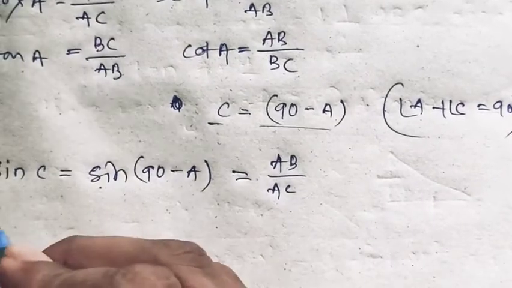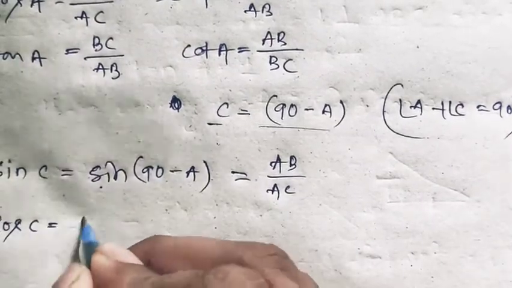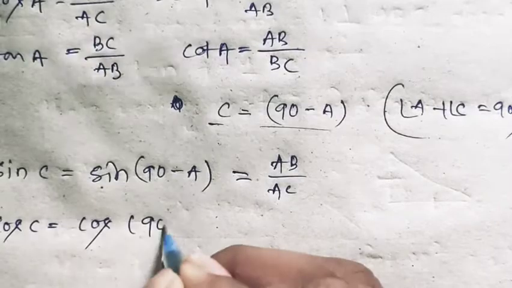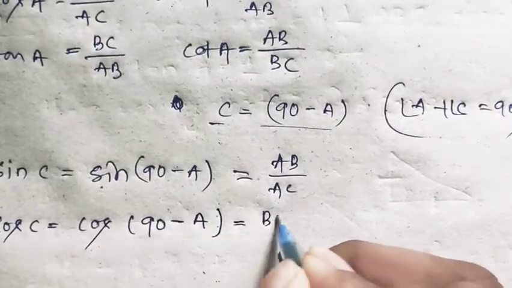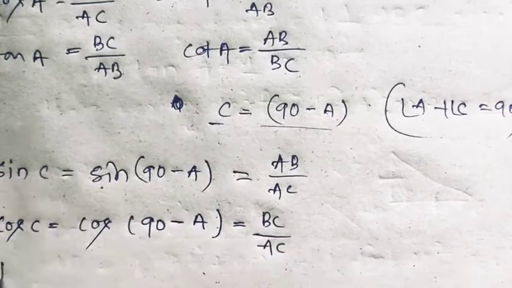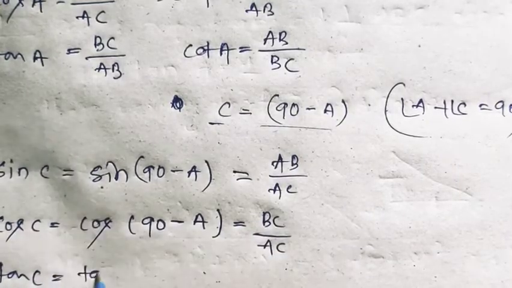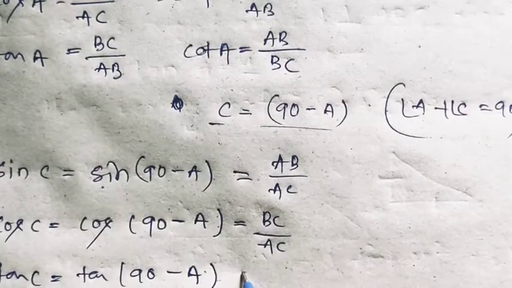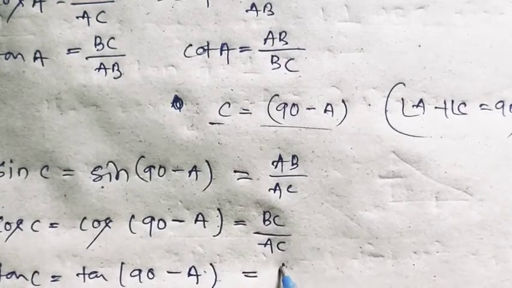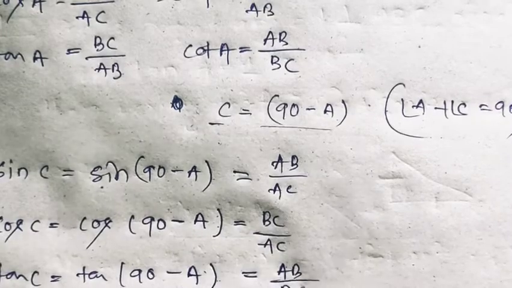Similarly, cos C or cos 90 minus A is equal to BC by AC, and tan C, which is tan 90 minus A, is equal to AB by BC.